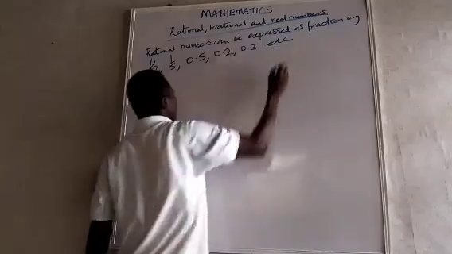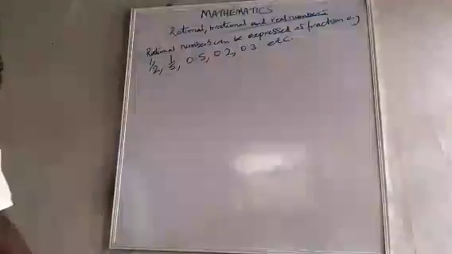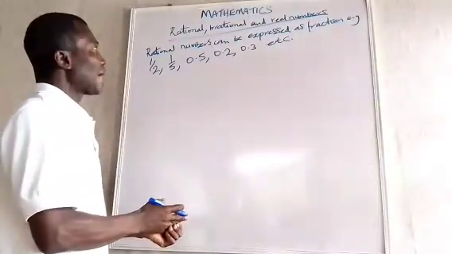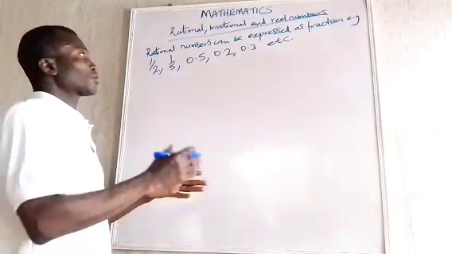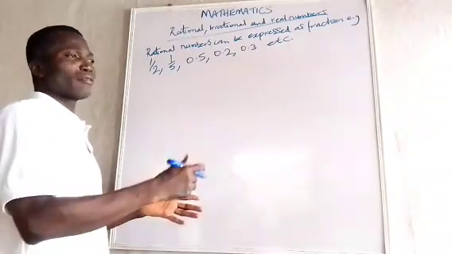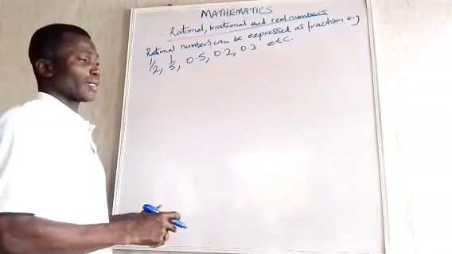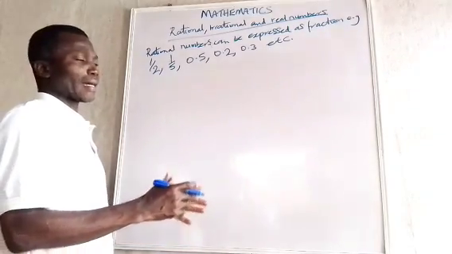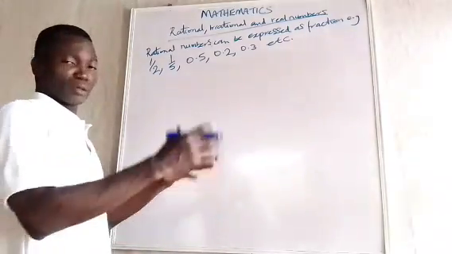But irrational numbers, if you want to write them in terms of decimal points, will have so many strings of numbers that there can't be a concluding figure to say, okay, this is what it represents.